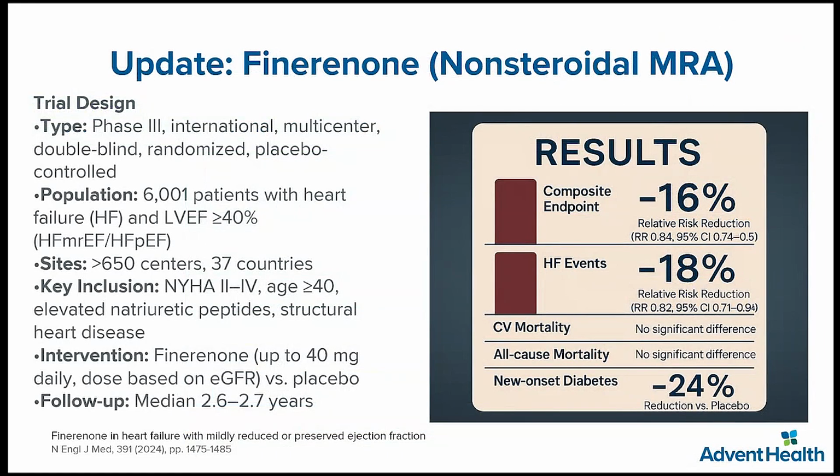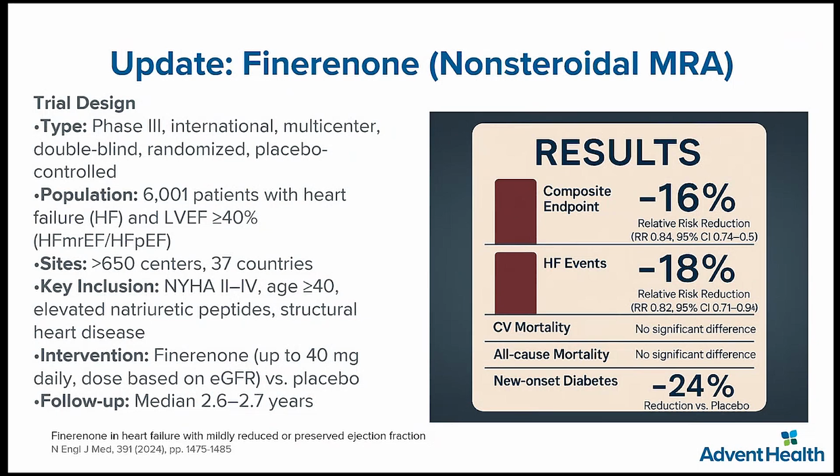One of the newer medications that's on the horizon is finerenone. It is a non-steroidal MRA. The steroidal MRAs are eplerenone and spironolactone, and these have been shown to be substantially beneficial for patients with heart failure with reduced ejection fraction less than 40%. Finerenone was studied in patients with ejection fractions greater than 40%.